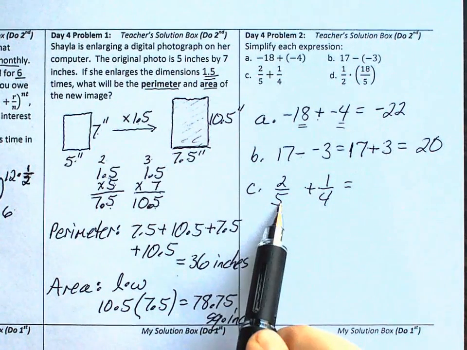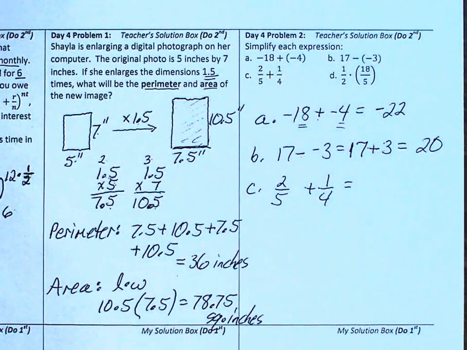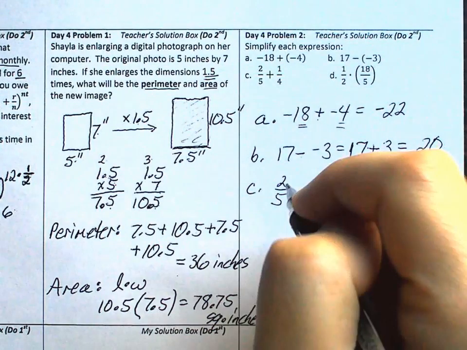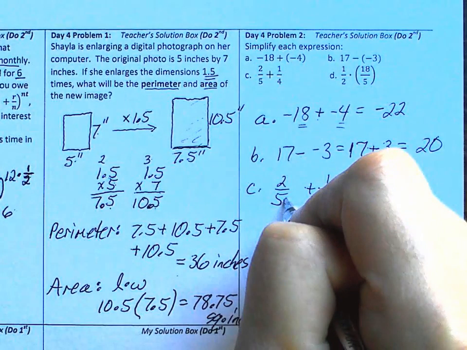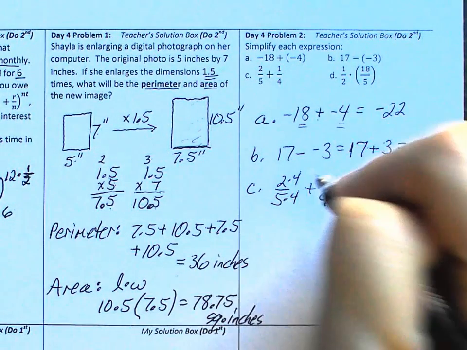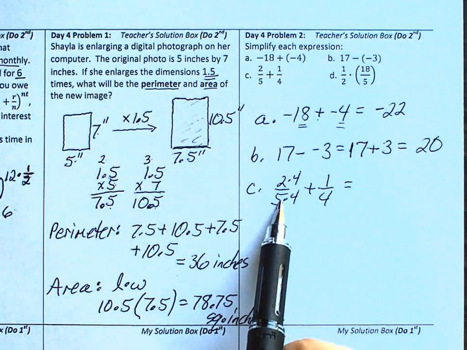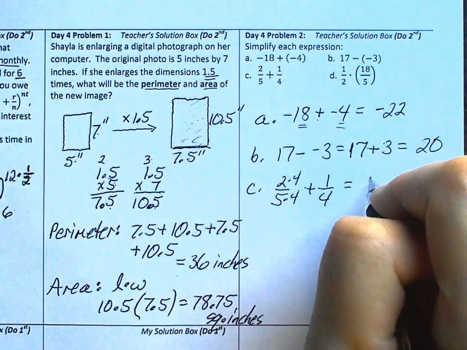Okay, so this denominator is 5 and this denominator is 4. These are not common denominators, but we can rewrite these fractions so that they do have the same denominator. If we multiply this by 4 and its numerator by 4, that will change this first fraction from 2/5 into 8/20.